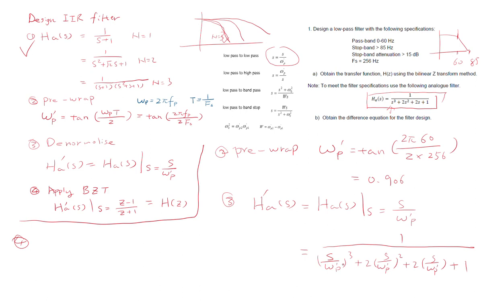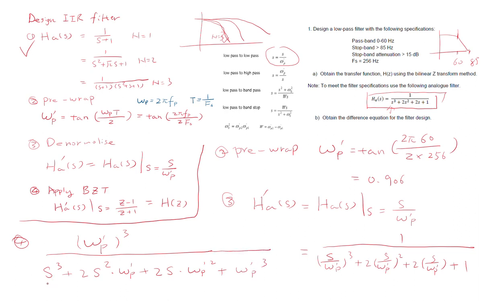If we have this omega p hat cubic on the top, we can put this one on top, then we have s cubic plus 2 s square multiplied with omega p hat plus 2 s multiplied with omega p hat square plus omega p hat cubic.